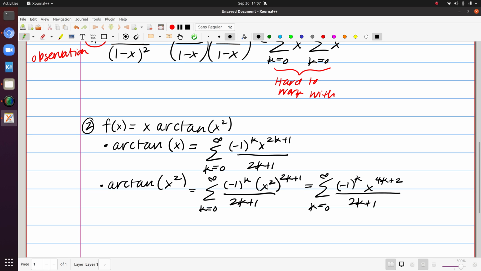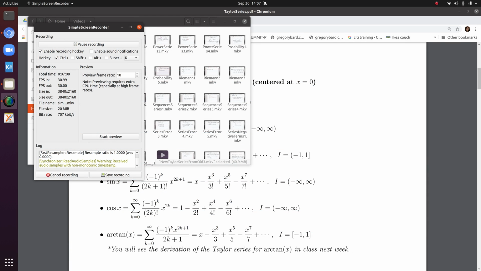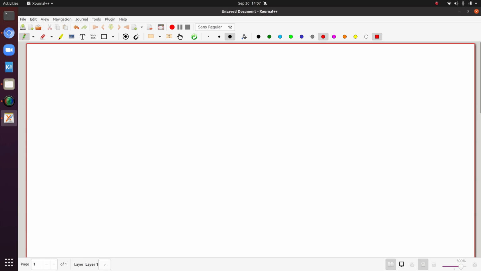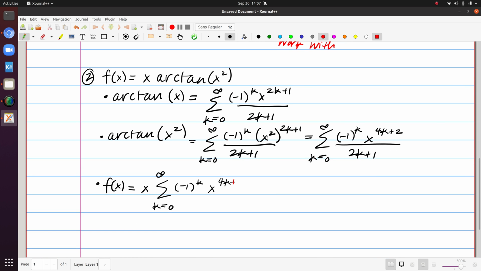And finally, to get my f of x, we simply have to multiply x by the series that we found above. And as we have addressed at this point, to multiply by powers of x, what we're going to do is adjust the exponent.